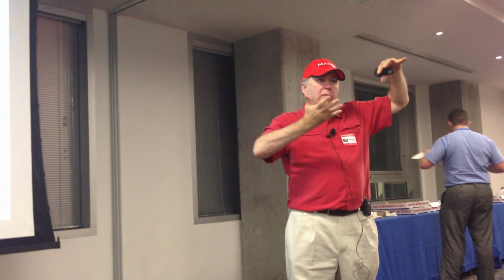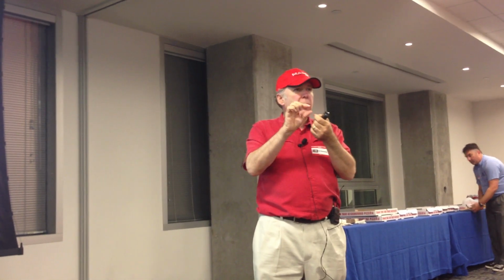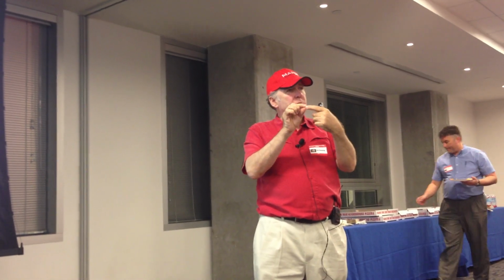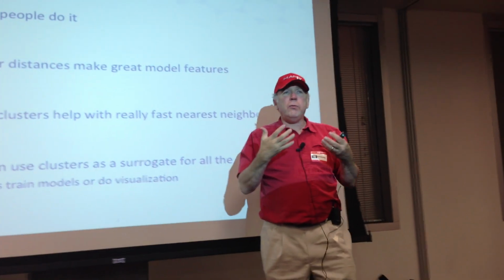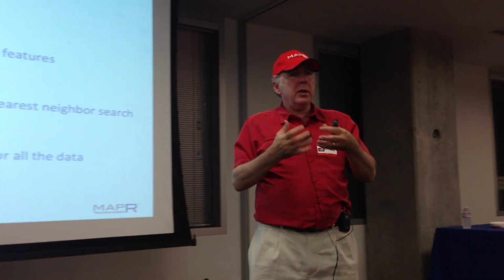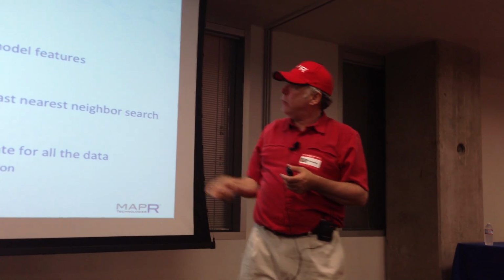And if you have curled up, strange, almost linearly shaped or low-dimensional manifold data, these cluster distances make very interesting features because the one that you're closest to tells you a lot about which general part of the low-dimensional distribution that you're in, and the other distances to nearby clusters resolve that ambiguity. And these very often allow you to have very interesting linear classifiers based on cluster distances that give very interesting and complex nonlinear classification behavior for your actual data. So that's a better reason than the fashion-based one.